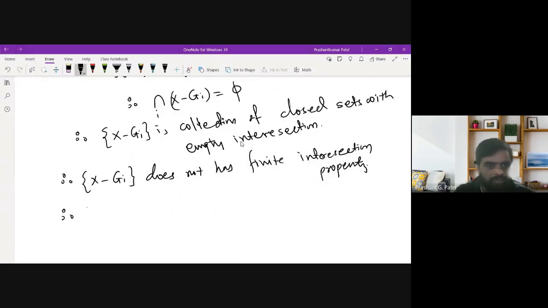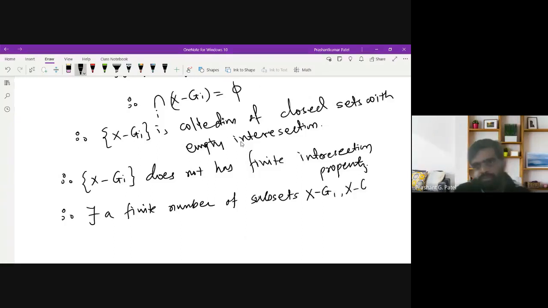Since it does not have the finite intersection property, there exists a finite number of subsets X minus G1, X minus G2, up to X minus Gn, such that this intersection is empty.